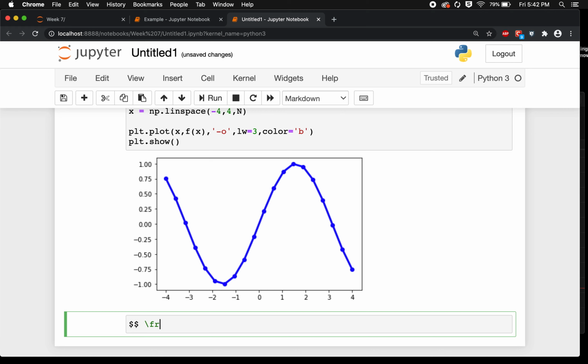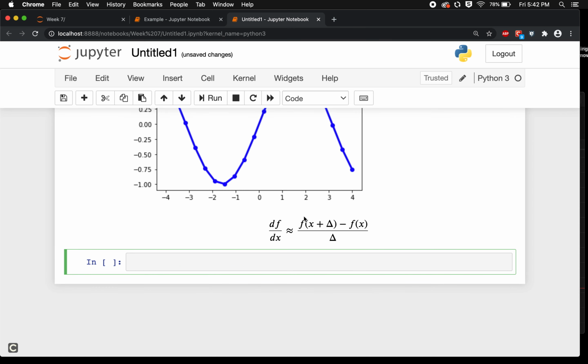If I think about df dx, that's going to be approximately equal to f of x plus delta, where delta is a small number, minus f of x, and then I'm going to divide it by delta. And so I have an approximation for a derivative.